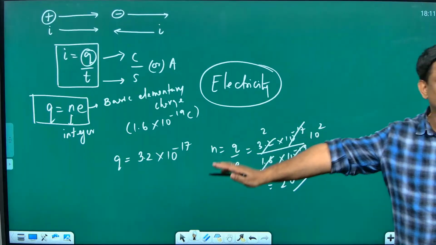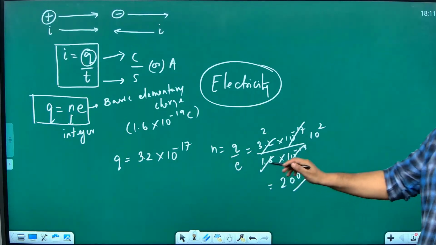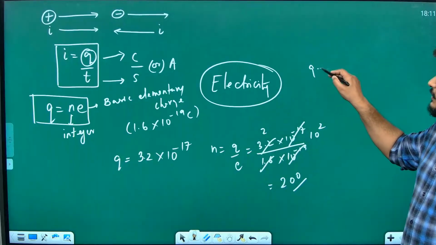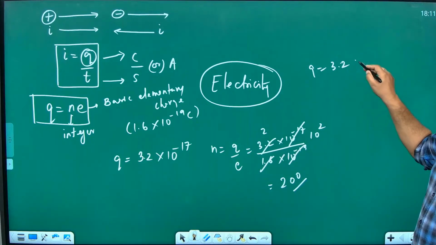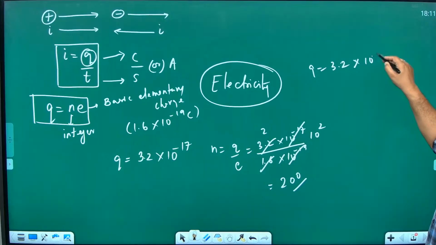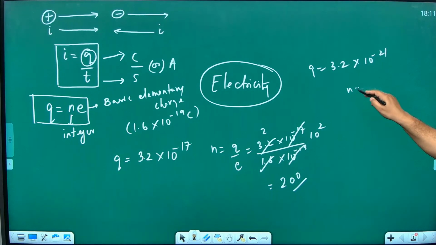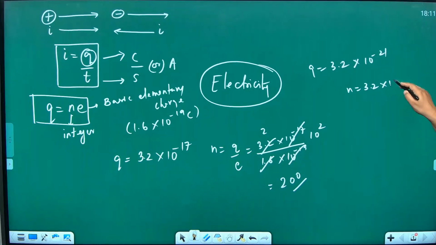This charge is possible. But the same question could have come as: is a charge of 3.2 times 10 to the power minus 21 coulomb possible? Then if I check N, it will be 3.2 times 10 to the power minus 21 divided by 1.6 times 10 to the power minus 19.